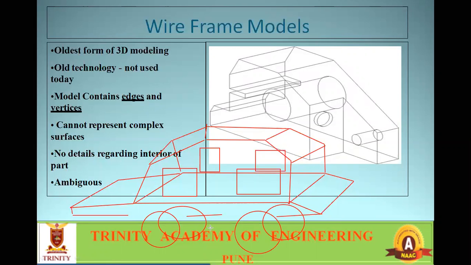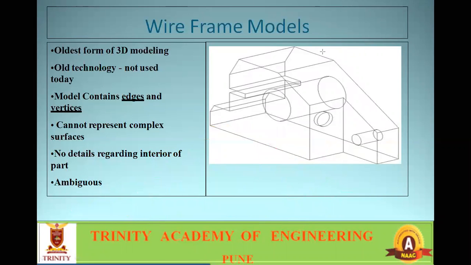Interior means car seats or anything related to the interior, and we can't draw that through wireframe modeling. So this is ambiguous also. Sorry, let me clear these things. This is the sample model shown here. You can refer to this model, but it is too complex to understand simply. If we had gone for surfacing or solid modeling, then you might have understood easily. So I will go to the next slide.